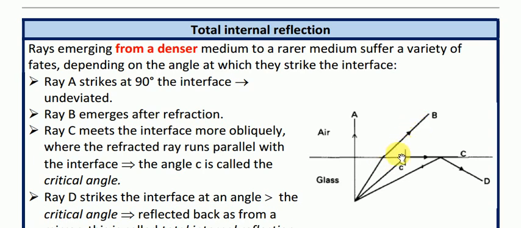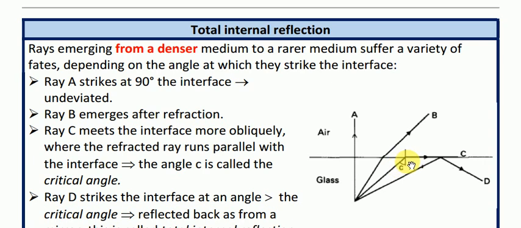As the rays meet the interface more obliquely, like C and D, a stage is reached where the refracted ray, for example ray C, runs parallel with the interface. The angle C is called the critical angle.